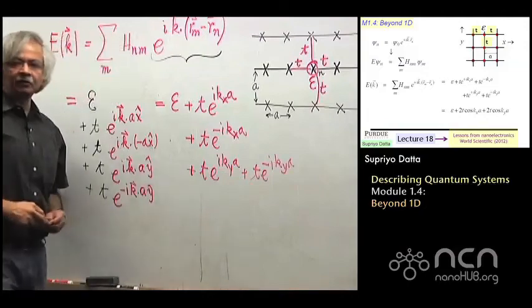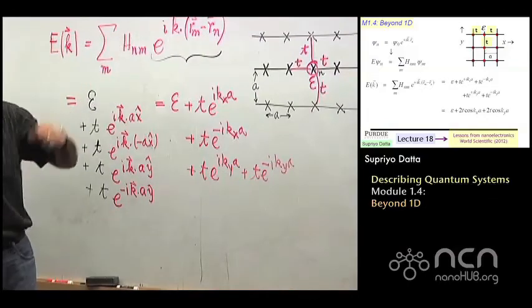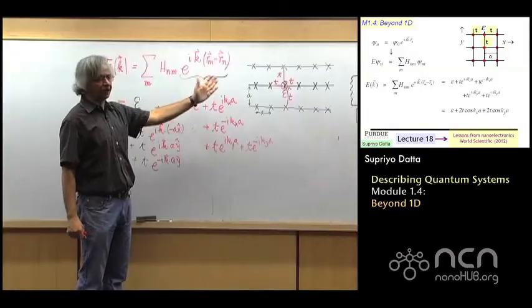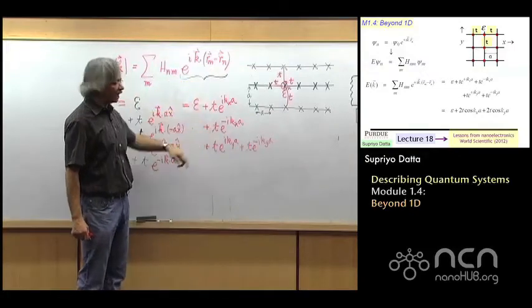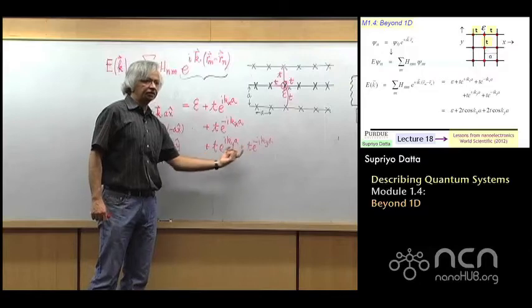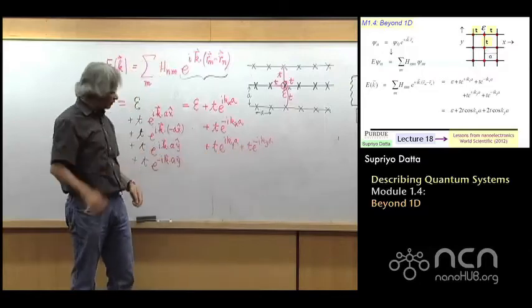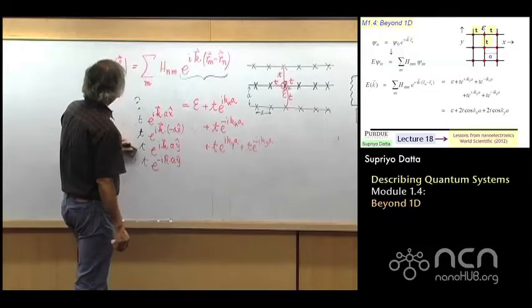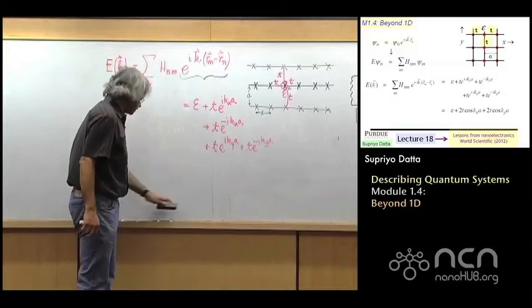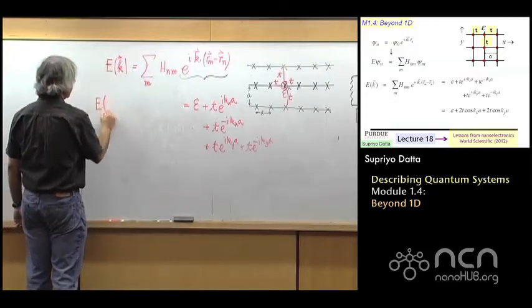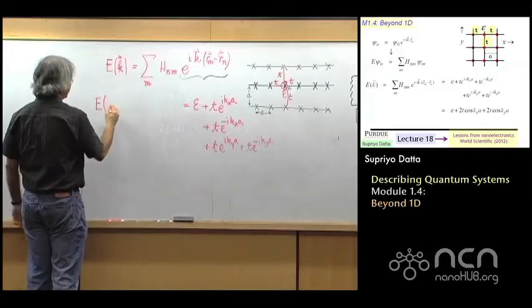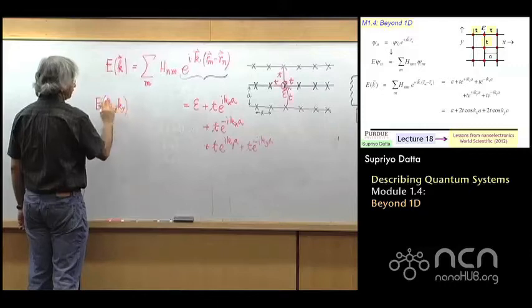So if you had looked back at what we had done in the last module, it was a 1D problem. And so you had 3 terms, this, this, and this. And now we have picked up 2 additional terms. These come from the y direction. And so the E-K relationship now. So what you're writing down here is the dispersion relation, E of k, and k is a vector, which means it has these 2 components, x and y, if you're working in the xy plane.